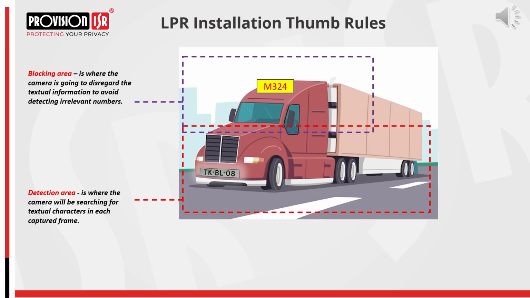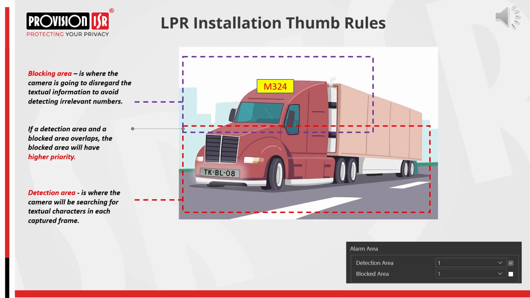By placing a blocking area over this region, the camera avoids reading irrelevant characters and focuses only on the license plate. If the detection area and blocking area overlap, the blocking area has priority, meaning no text will be read in that region. An LPR camera supports one detection area and one blocking area.